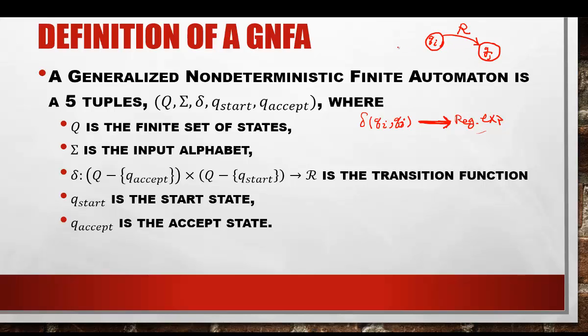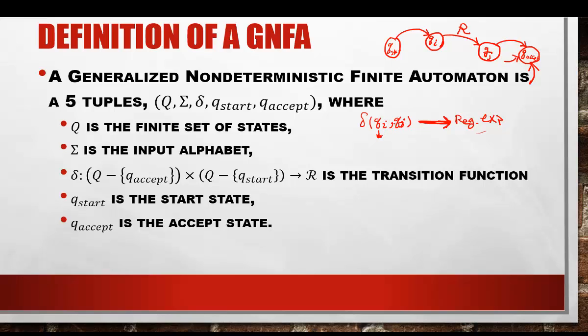Now remember, with this special format of the generalized non-deterministic automaton that I said, the start state, Q sub start, always has outgoing transitions, but the accept state also always has incoming transitions. So accept state transitions come into it, but no transition goes out.